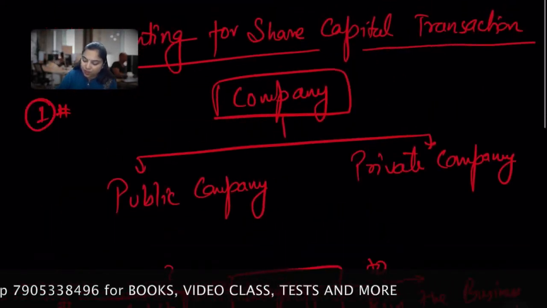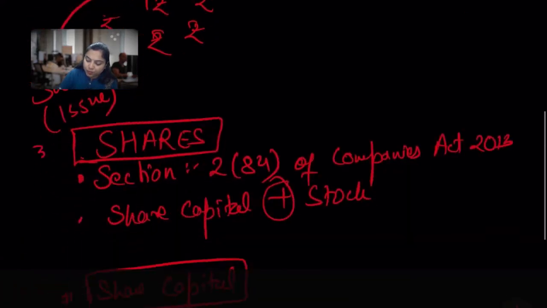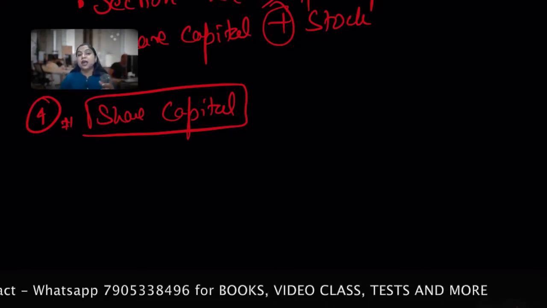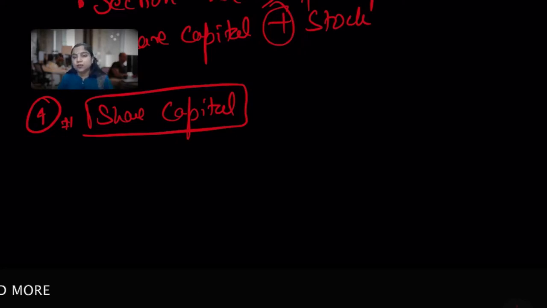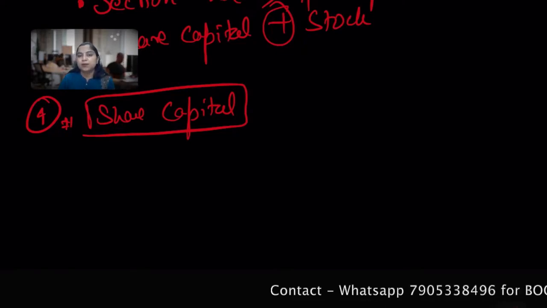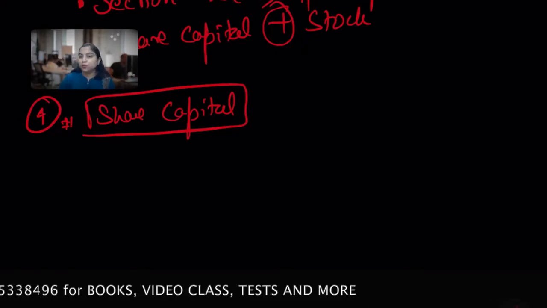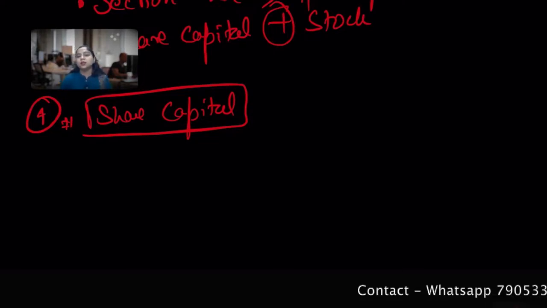Okay, so I'm just marking the point so that it would be helpful for you to recall even in your examination and write accordingly what you have learned in this class. So share capital, I already told you, is what the company is raising from the public as investors. The company is raising its capital by way of issue of shares to finance and carry out its own business. There are important documents: the memorandum of association and the articles of association.